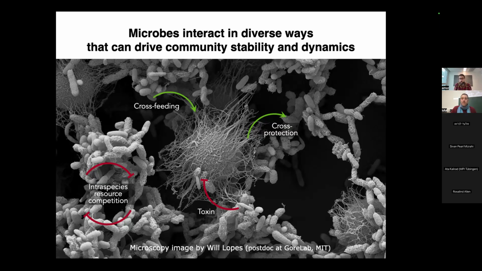In this way, it's a kind of cooperative interaction. Another cooperative interaction is cross-protection, which can protect one species from antibiotics because of the action of another species that might be secreting enzymes that deactivate the antibiotic.